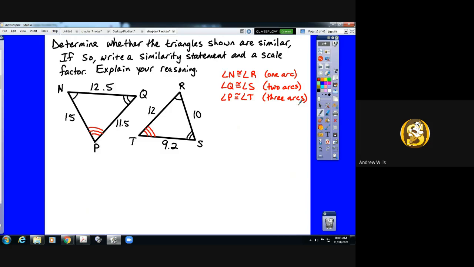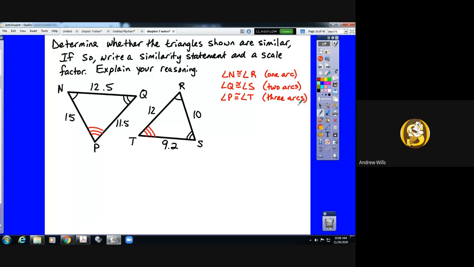Now, it is technically possible that in a problem like this, I could make you identify things like vertical angles, alternate interior, corresponding, the same sort of stuff we had to do when we did this with congruence. But in this case, there's nothing to it. They're all marked. So we can just state the 3 sets of angles.